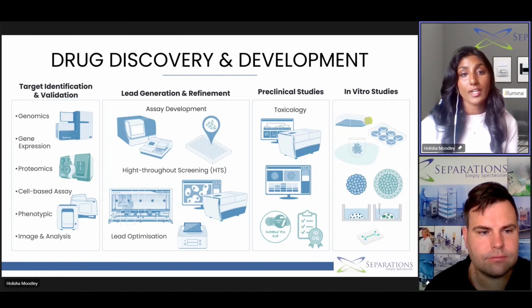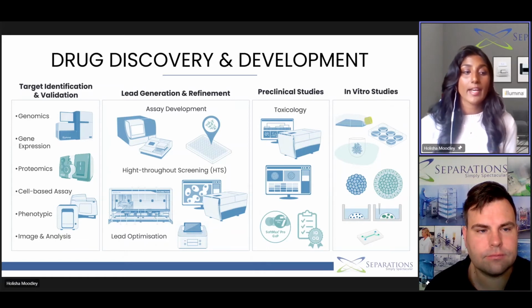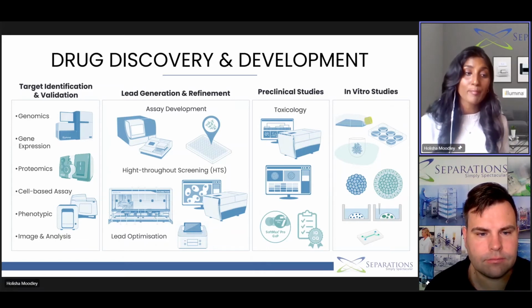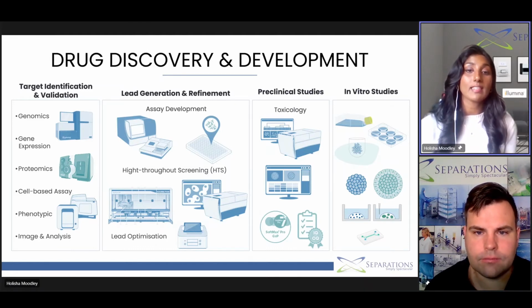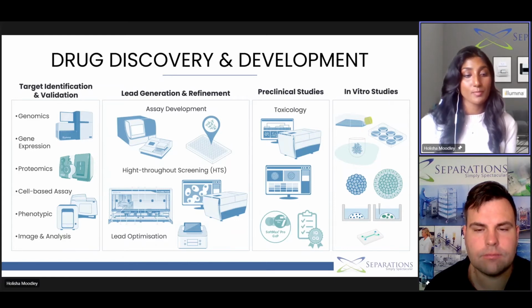In lead generation and refinement, it's basically to sort out the main candidates found in a large library. We look at these candidates, which we call leads, and they go through various optimization stages into the development of the drug. The optimization stage is a very critical and crucial step to secure a very solid candidate during the drug discovery stage.